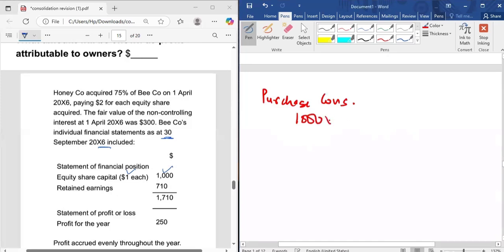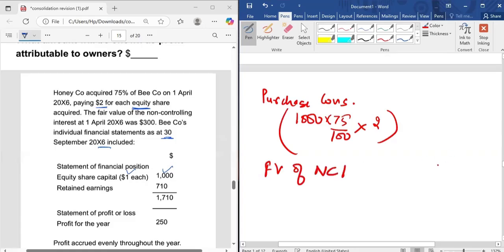Honey has acquired 75% of these 1,000, and they have paid $2 for each share. So I multiply by 75% and by 2 to get my purchase consideration. Now, in the goodwill formula, what do we add next? We add the fair value of NCI, which is $300.